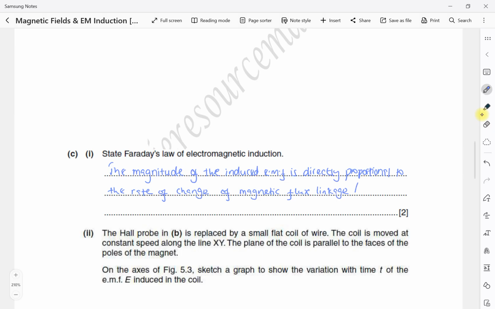Rate of magnetic flux linkage, or the rate of cutting.